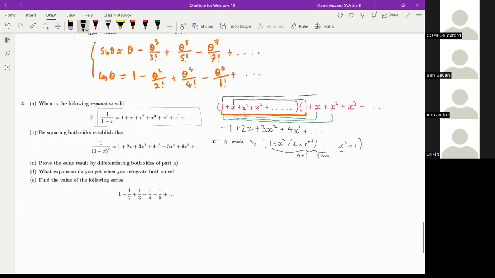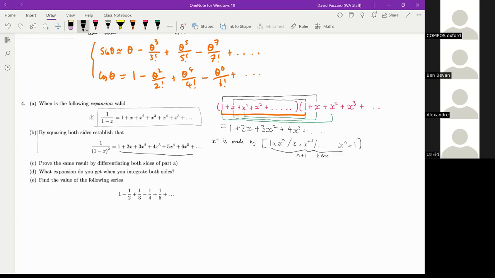So if I square 1 over 1 minus x, I should get this series expansion. Now, there's a job of work to show that you can square infinite brackets in that way, but if we're fearless, then we can.